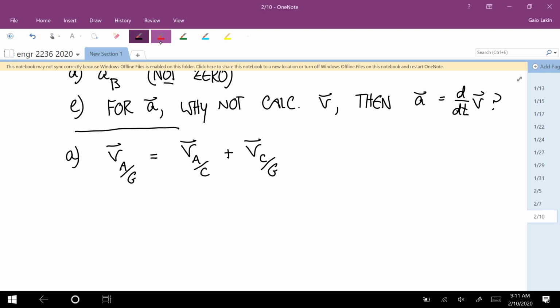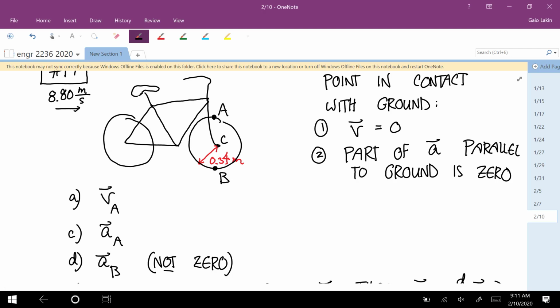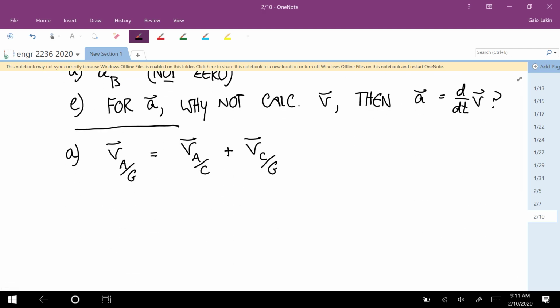The velocity of A relative to the center is saying, what if we didn't know that the center was moving? Then that's just purely a circular motion question. Imagine that the center is fixed. What's the velocity of that point A? That's just like any circular motion problem. So we're going to get this using that the velocity is equal to omega cross r.